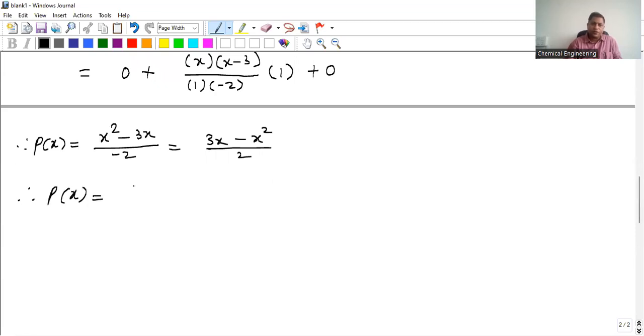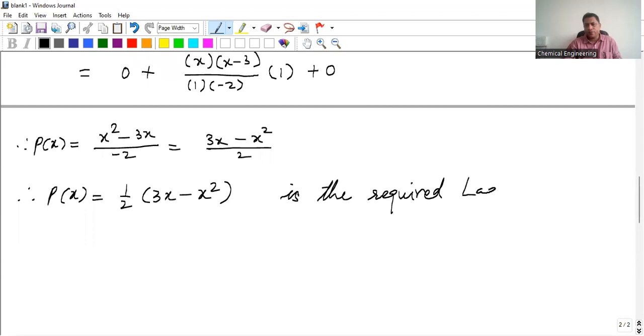So we got P of x is equal to half of 3x minus x square. This is the required Lagrange's interpolating polynomial.